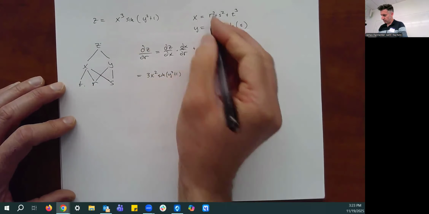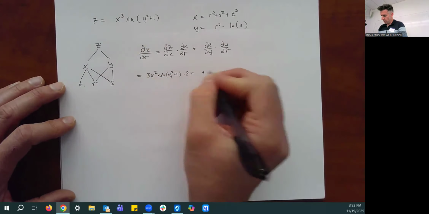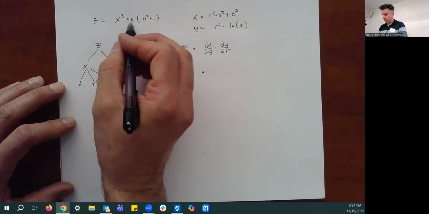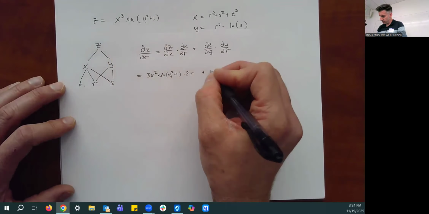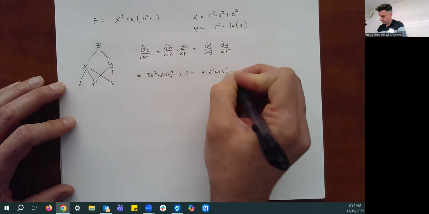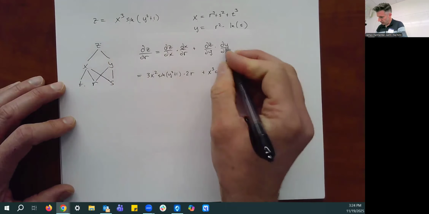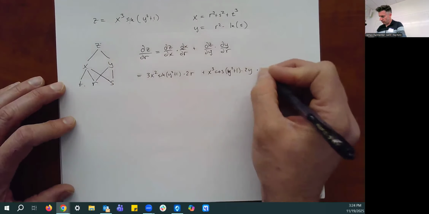Del x del r is going to be 2r. Then del z del y is going to be x cubed times cosine of y squared plus 1 times 2y, and del y del r is going to be 2r times natural log of s.